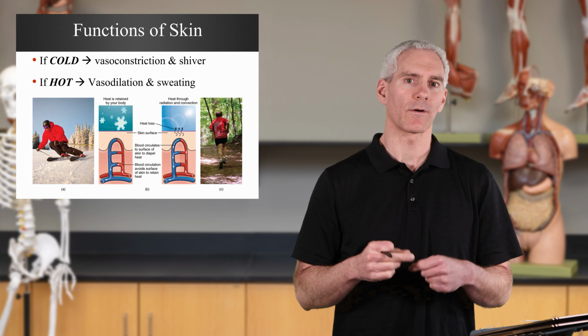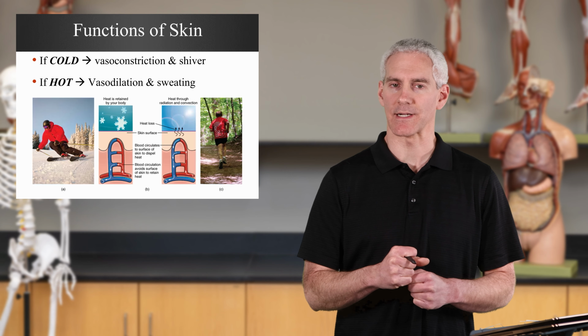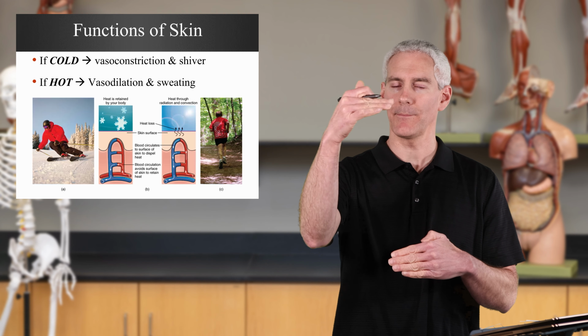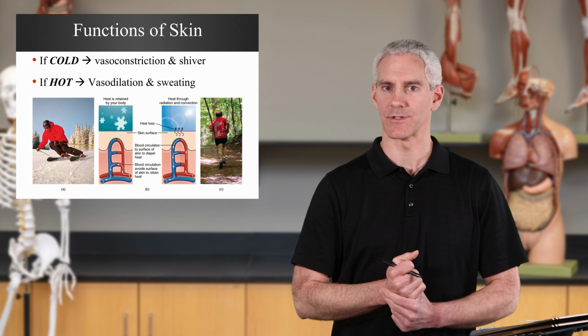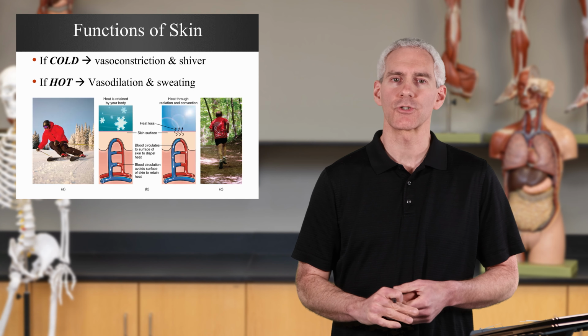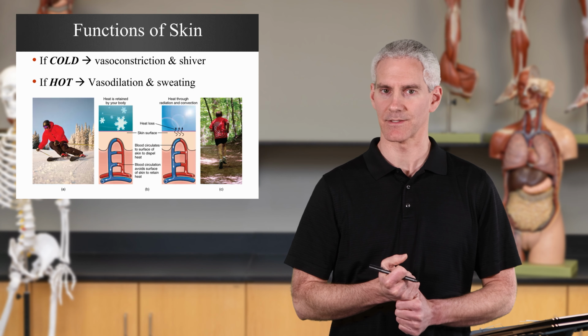They're going to get smaller or vasoconstrict. As the blood vessels vasoconstrict on the surface of your skin, that's going to prevent blood from going up there and keep blood deeper in the layers of the skin. Now, there's still enough to keep the skin healthy, but you're trying to make sure there's not too much body heat going up the skin surface.